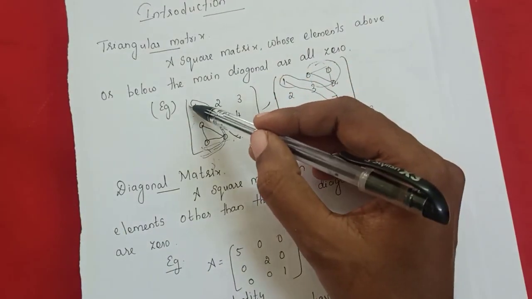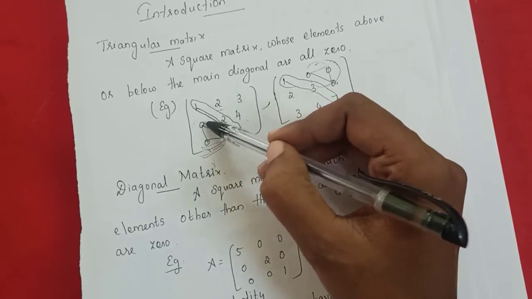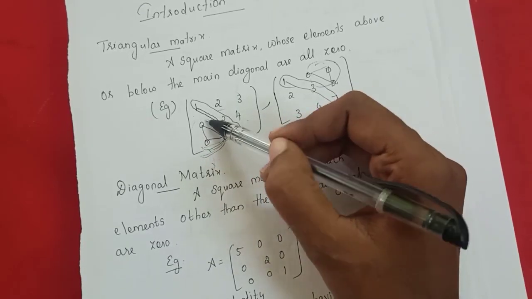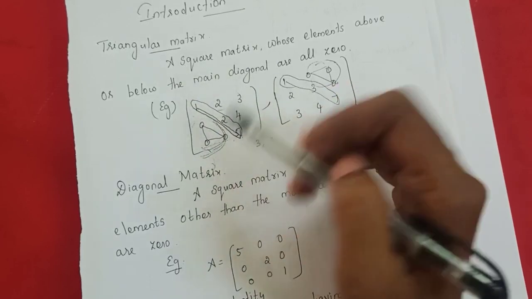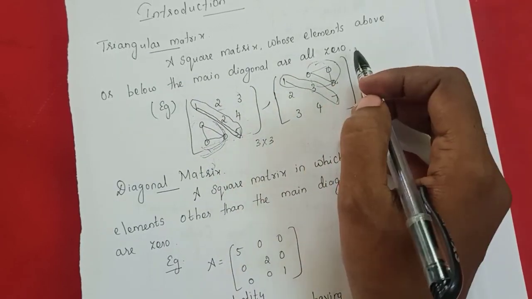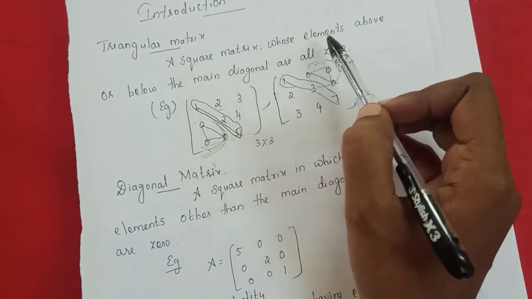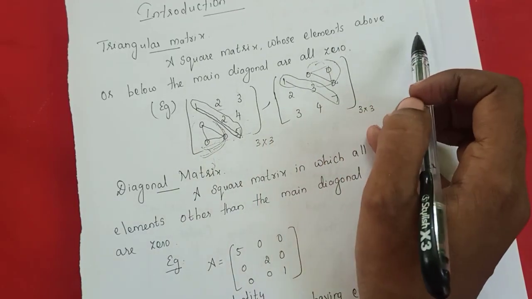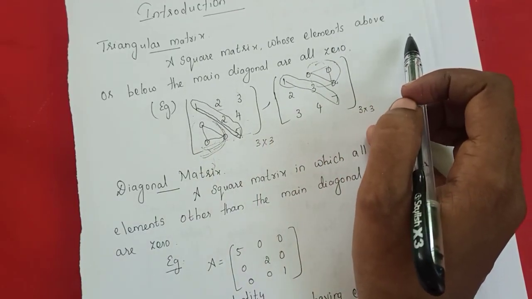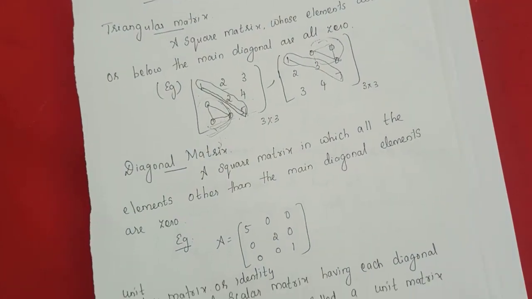The main diagonal, upper elements must be 0 or lower elements must be 0. If all the lower elements are 0 we call it lower triangular, if upper then upper triangular matrix. So what do you mean by triangular matrix? A square matrix whose elements above or below the main diagonal are all 0. Understand students?